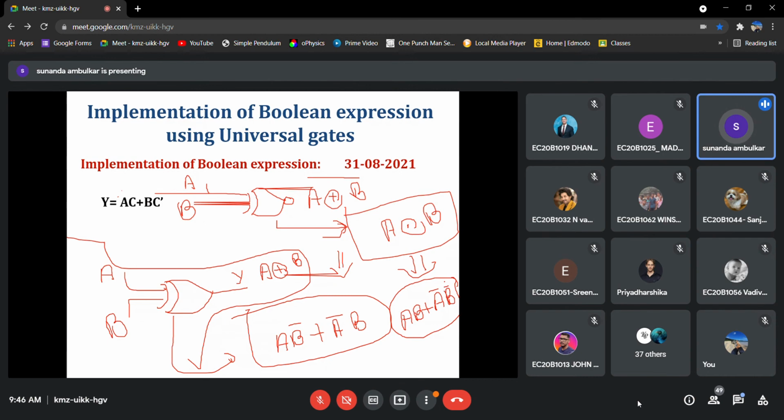So this is your task: you have to implement the exclusive OR and exclusive NOR gates with the help of NAND and NOR.